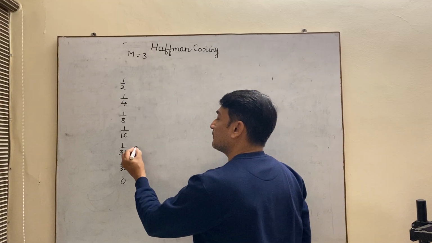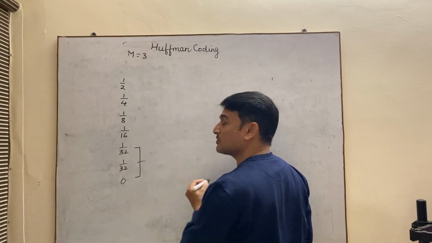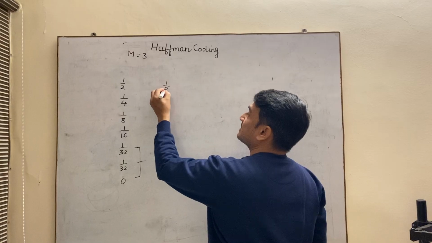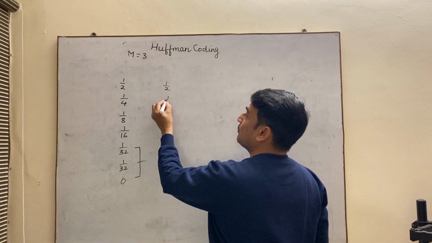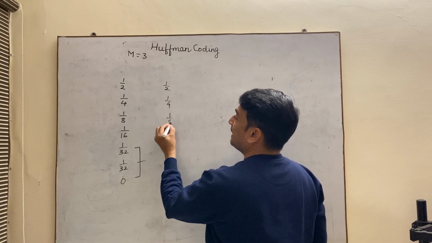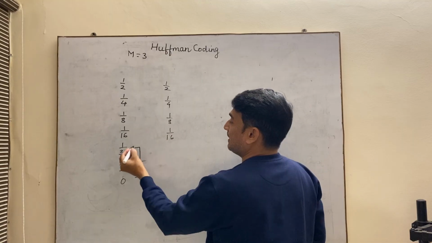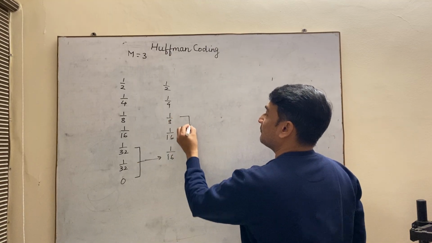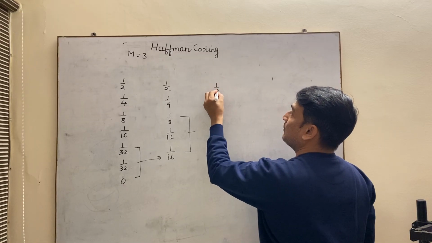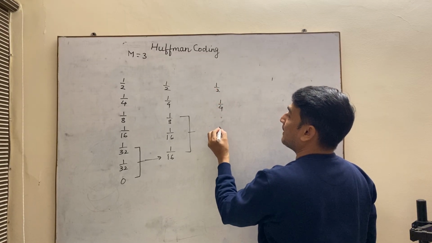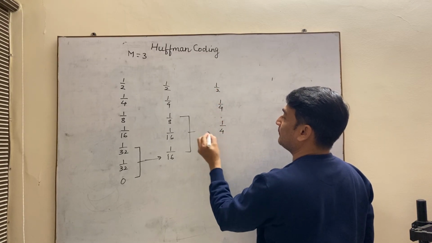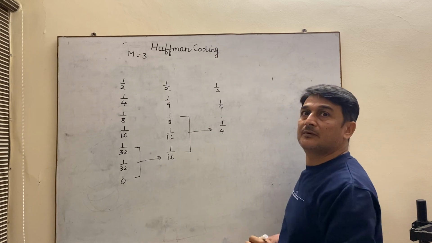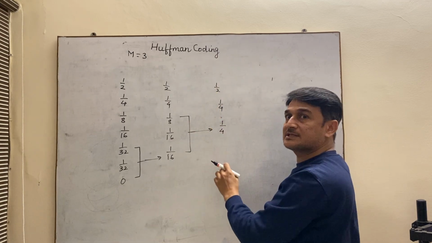So now you just need to add the bottommost 3 messages. The next column would be 1/2, 1/4, 1/8, 1/16 and 1/16. Next column would be 1/2, 1/4 and 1/4. Correct? So now you got 3 messages.